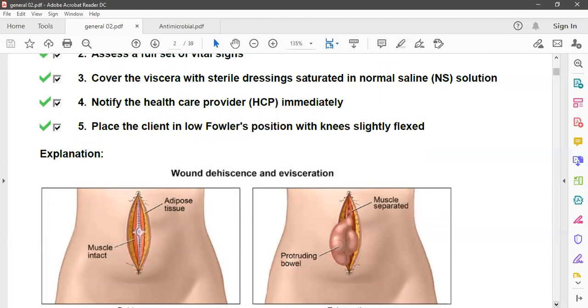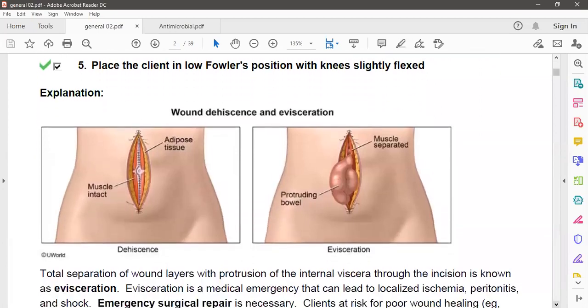Give some oxygen. Notify the healthcare provider. Obviously we do this, and place the client in low Fowler's position, meaning with the knees slightly flexed, which reduces the pressure, right?